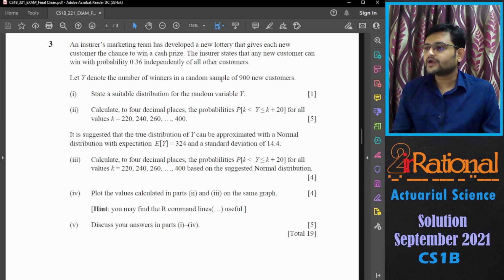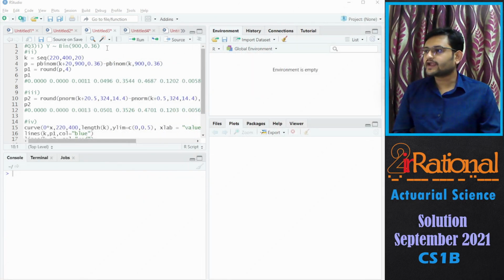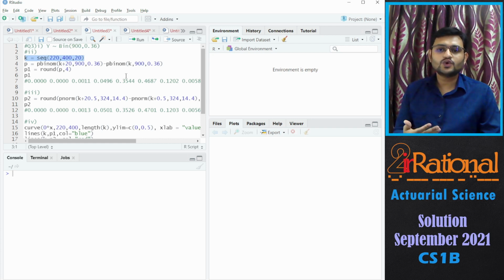Right? Calculate to 4 decimal places the probability that Y is between k and k plus 20 for all values, k being 220, 240, 260 till 400. So k has values with a difference of 20 in each one of them. So here first we are writing our Y follows binomial distribution 900, 0.36. Next we will be making our k value, that is a sequence from 220 to 400 with the difference of 20.